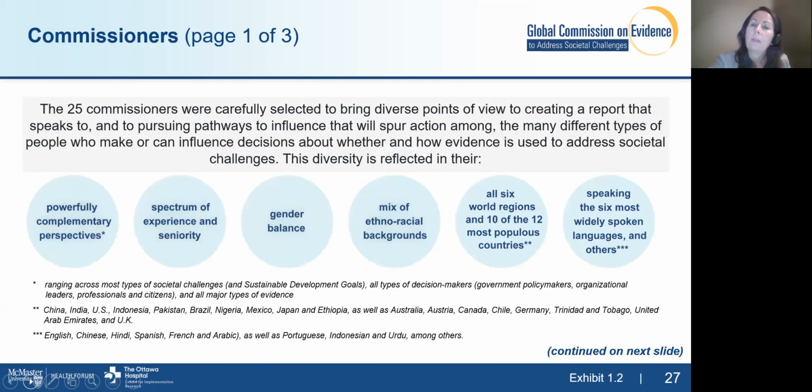And so they have pulled together 25 commissioners who are carefully thinking about that evidence ecosystem for the future and what are the burning questions that really need to be answered in order to help influence the creation of platforms and mechanisms that will ensure that decision makers and policymakers can access that best evidence in their decision making.